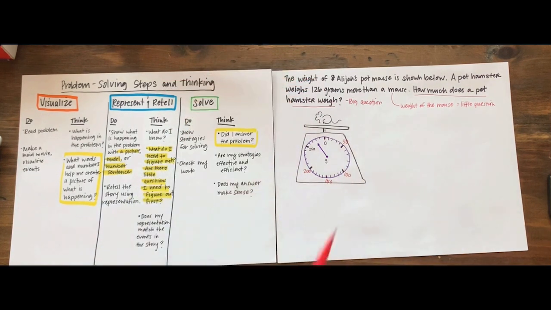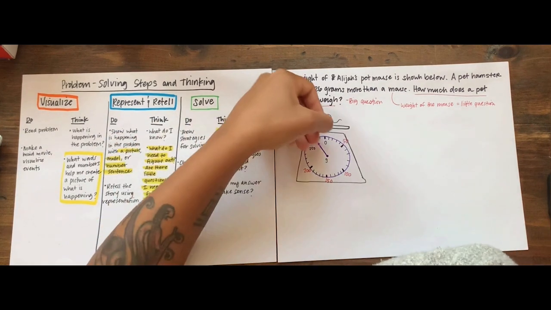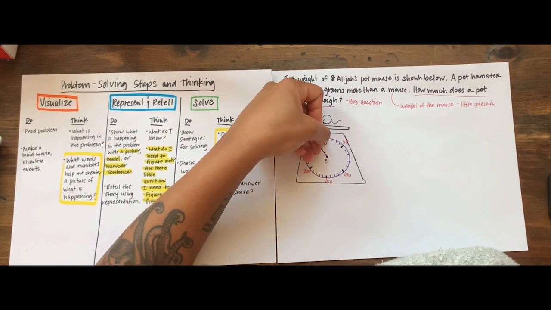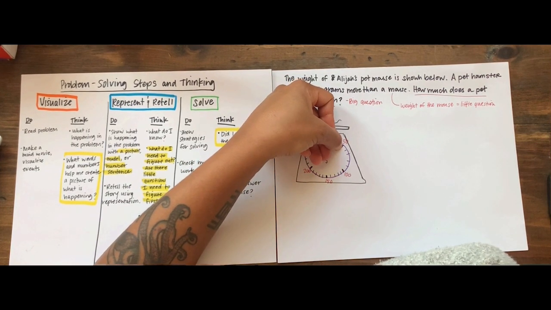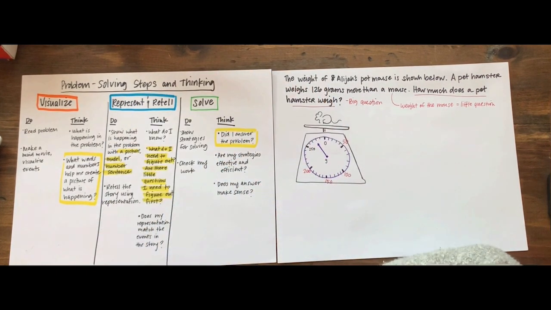What do you think each small interval is counting by? Say it out loud. I heard you say 10, because if we count 0, 10, 20, 30, 40, 50, we can count by tens 5 times and get to 50. Nice work.